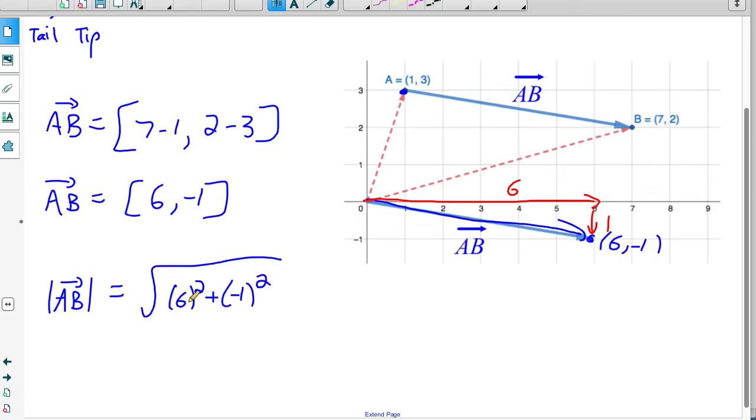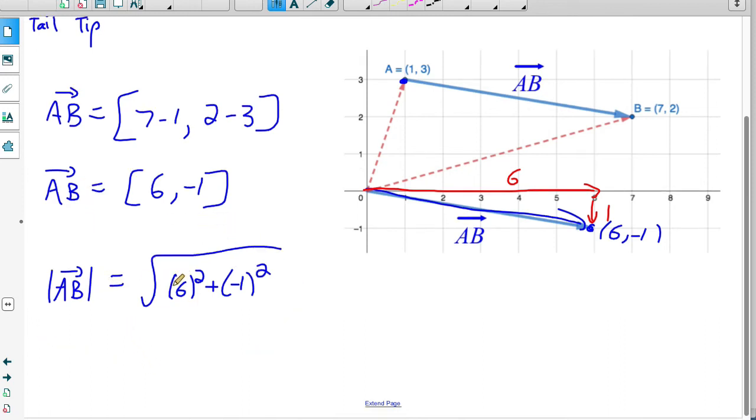We just put the x component of the position vector there, the y component there. And this formula just comes from the Pythagorean theorem. Then if we evaluate this, 36 plus 1 is 37, so the magnitude of vector AB in exact form is root 37. And those absolute value symbols mean magnitude of.